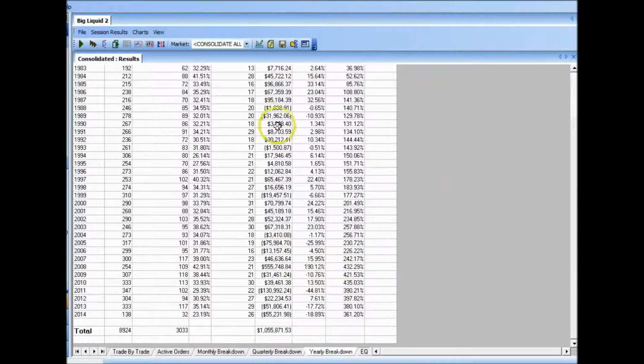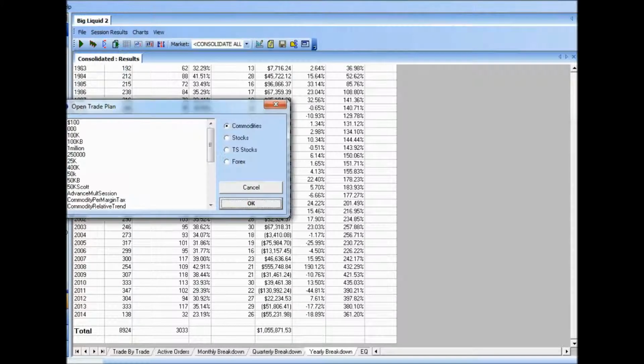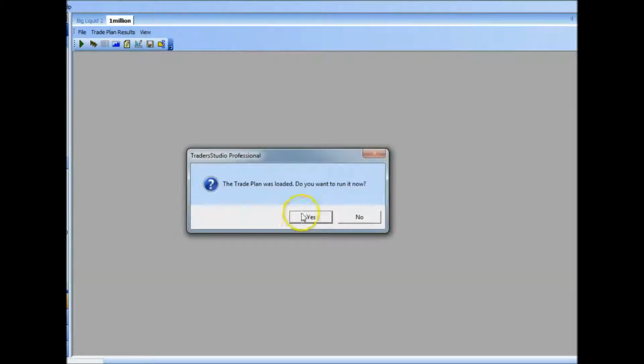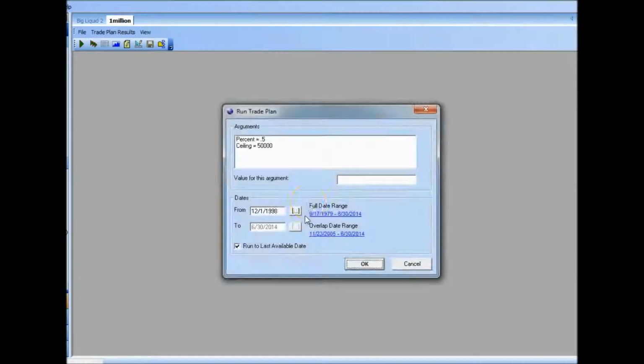So now what we're going to do is open our trade plan, and it's our $1 million trade plan because we're testing this strategy using a $1 million account just to make it compatible to what normal commodity trading advisors would be trading.